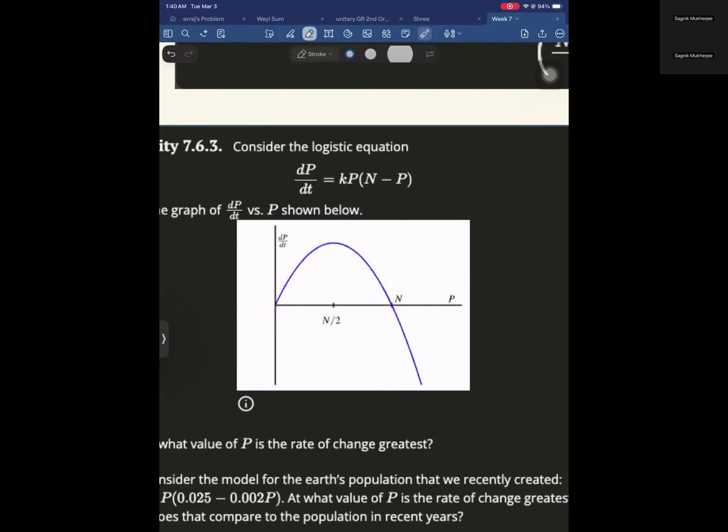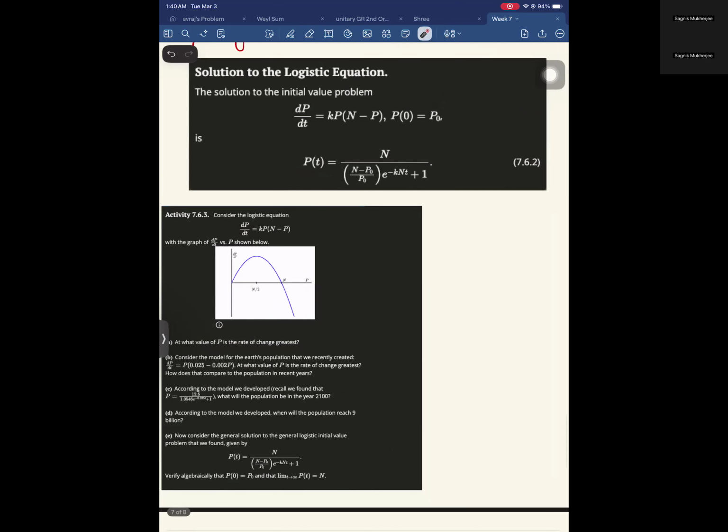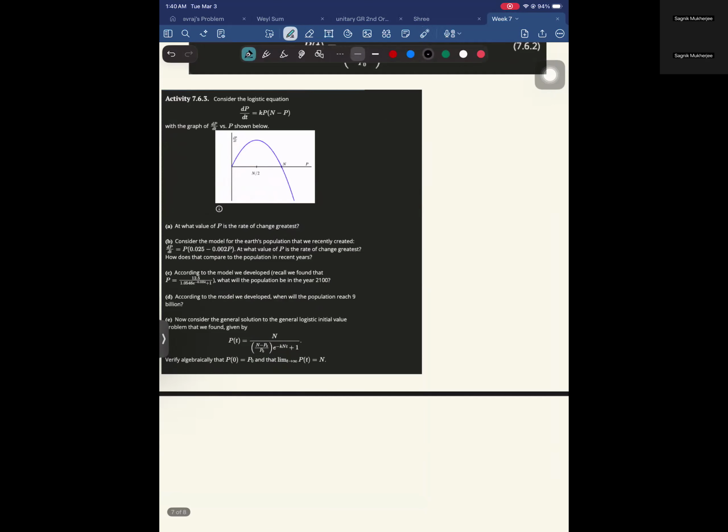So that means the value of dp/dt at n over 2 is the highest. It's a child's game, right? So the answer of A is naturally n over 2.